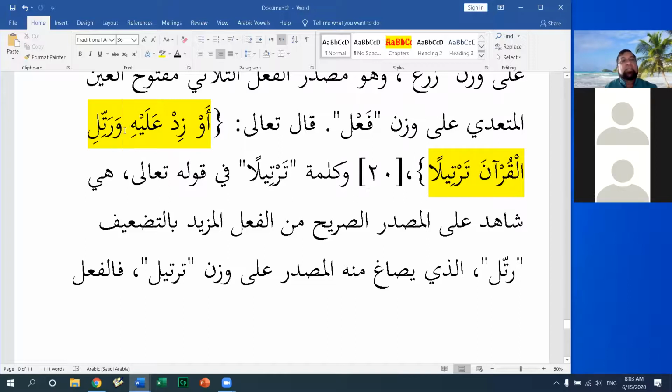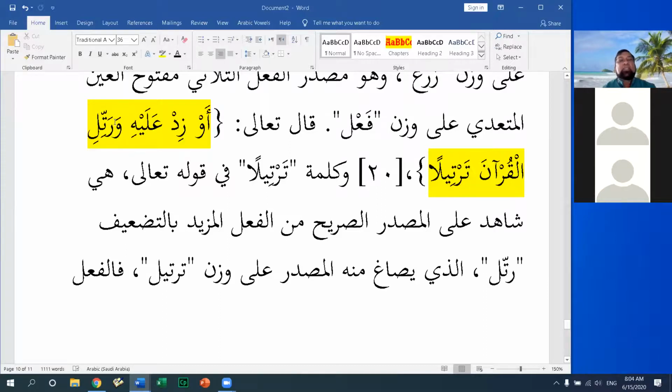And then Allah says, زد عليه, meaning do more than a thuluth or a nisf, or do less or do a little more. وَرَتِّلِ الْقُرْآنَ, and read the Quran with tartil. فعل الأمر من رتل. رتل القرآن ترتيلا is masdar. And what it means is to recite the Quran with tartil. Take your time and read it.